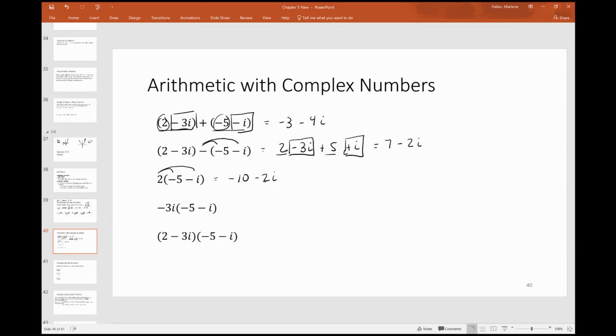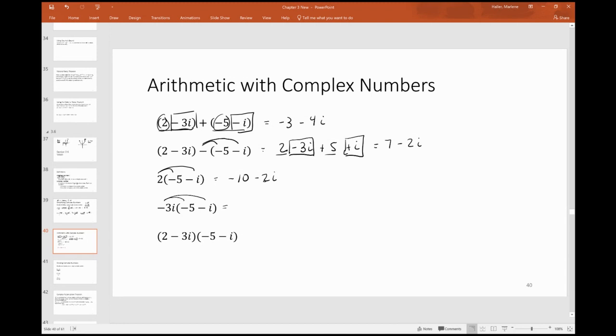All right, what about here? Now here we're multiplying two complex numbers. The first one, the -3i, it does not have a real component to it. It's just imaginary. So it's like it's one term being multiplied with two terms. So I can just distribute that -3i to both parts of the complex number.